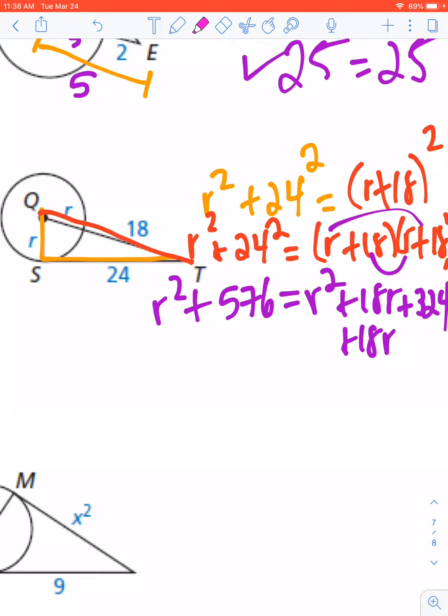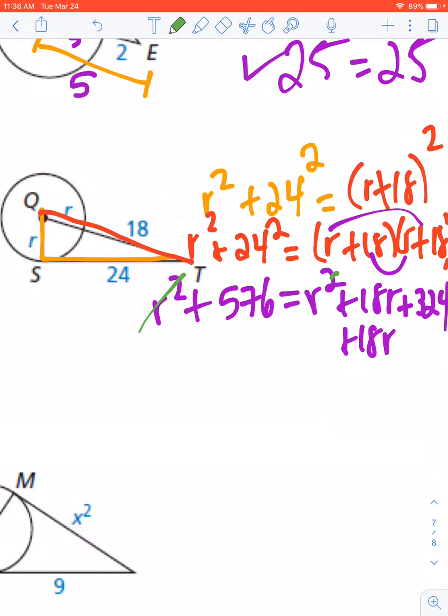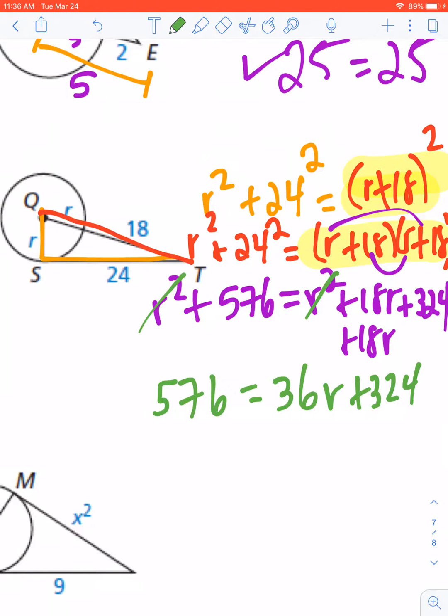What should happen every time is that you should see the r squareds cancel. So it shouldn't be a quadratic when you're done, even though it looks like a scary problem. The hardest part, or I wouldn't even say hardest, is that you have to remember that r plus 18 squared has to be written twice and FOILed. All right, so 576 is equal to 36r plus 324.